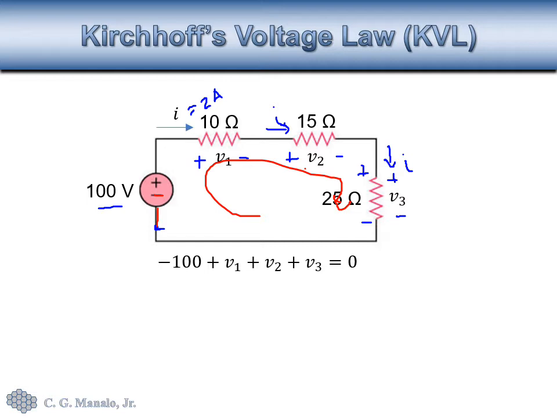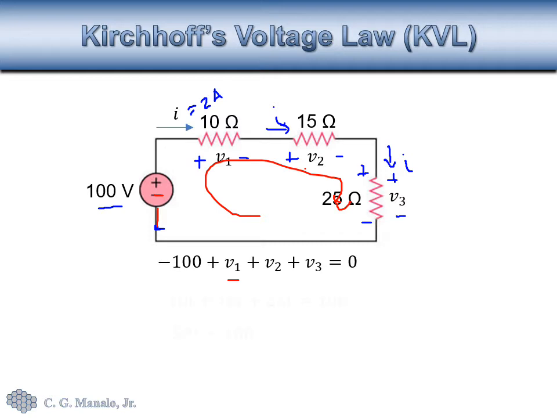Now to get I, take note that V sub 1 is the voltage across the 10 ohms, and that can be replaced by a current using Ohm's law. So we take note that V sub 1 is equal to 10 times I, V sub 2 is 15I, and V3 is 25I.